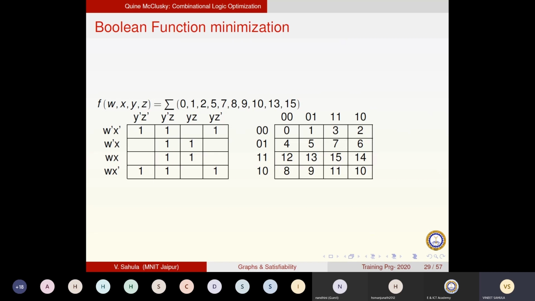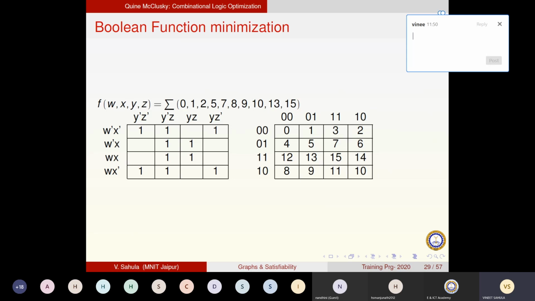Now, can you minimize this? Let us say that n is less than 10, n is 4, so a K-map can be used. Use it. You are given this problem. How many of you find it difficult to convert this information into the K-map? Anybody want a discussion on this?